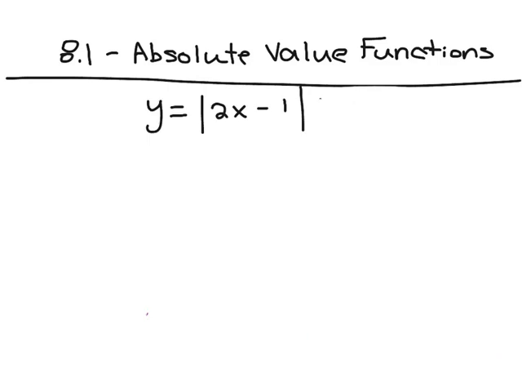Piecewise notation is writing it into two separate pieces to show different conditions within the domain. So if we have the absolute value function of this line, the first thing that we're going to do is set it up into the positives and the negatives.